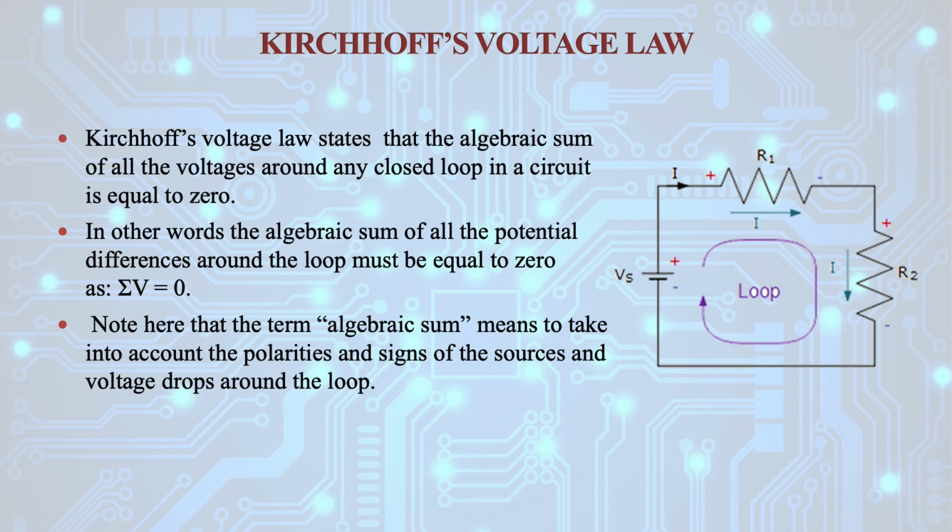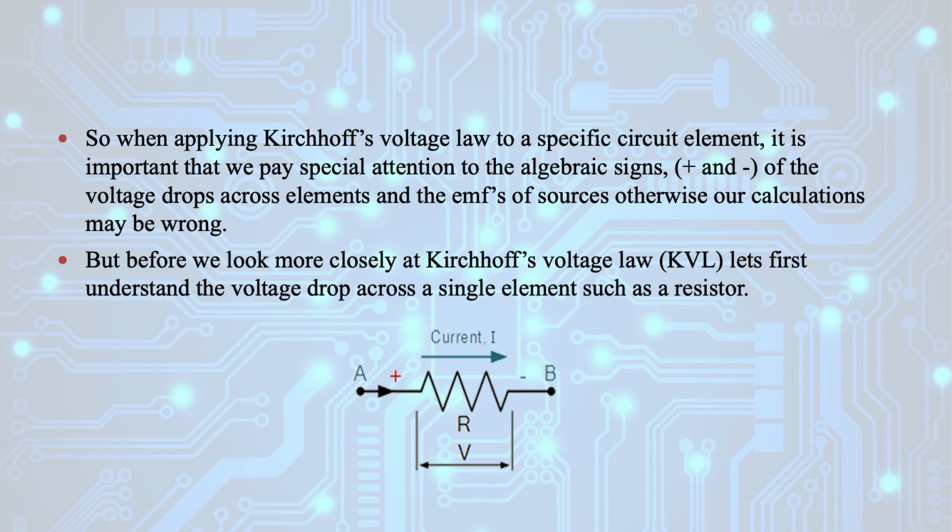So you can write Vs is equal to IR1 plus IR2, or you can say Vs is equal to I into R1 plus R2. When applying Kirchhoff's voltage law to a specific circuit element, it is important that we pay special attention to the algebraic sign, plus and minus, of the voltage drop across the element and the EMFs of the source, otherwise our calculation may be wrong.